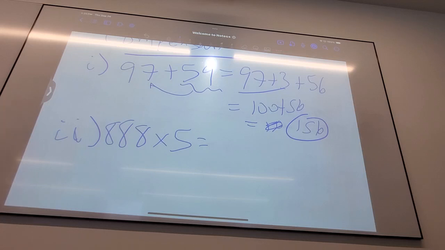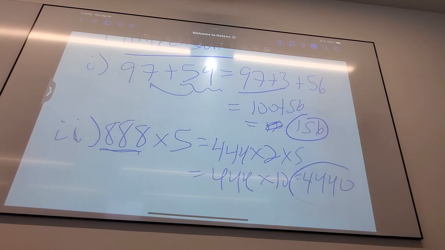What's the best number to multiply by besides 1? 10. What factors does 5 need to become 10? 2. So if I take a factor of 2 from him, how do I rewrite him? Break him up. What times 2 is 888? 444 times 2 times 5 is 444 times 10 is just 4440.